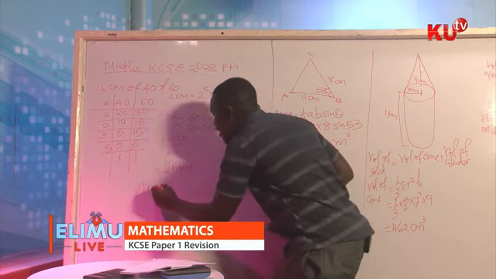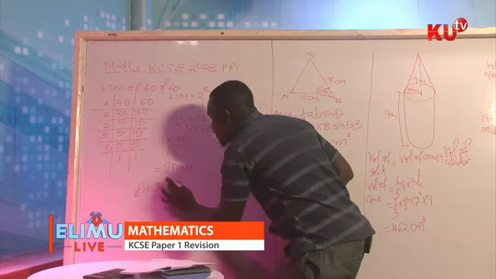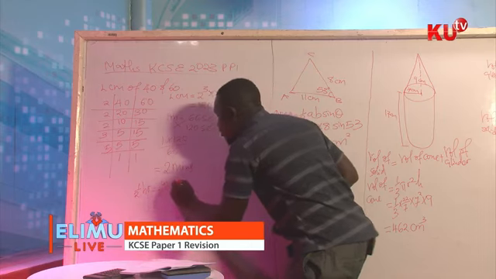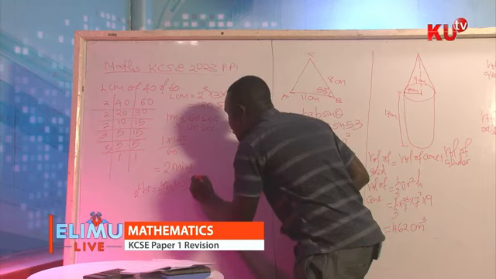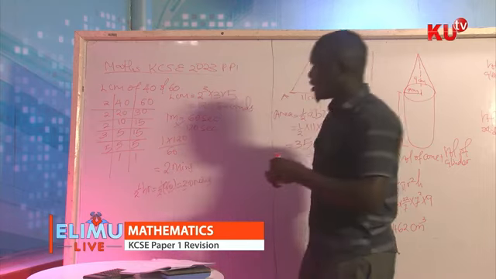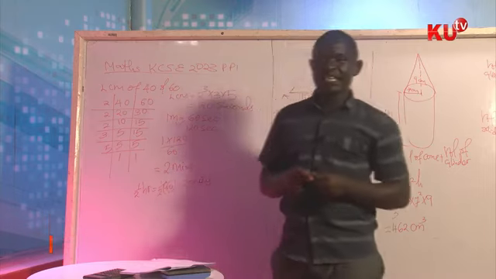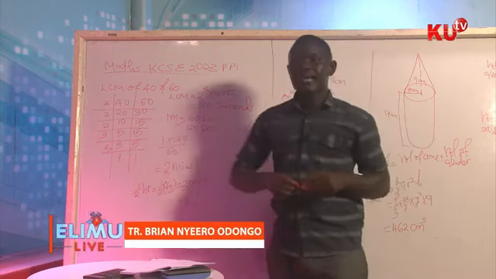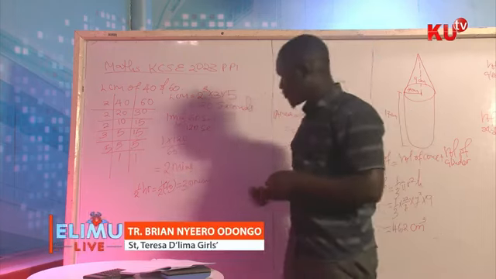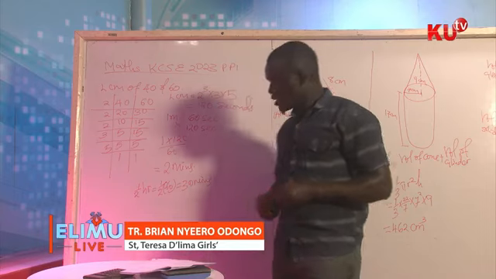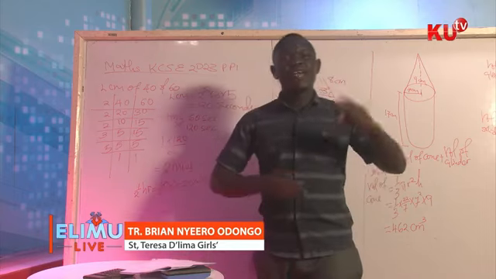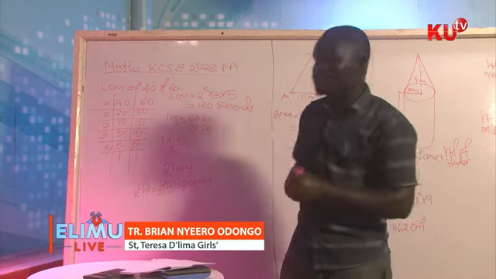This is like saying a half of 60 minutes, which equals 30 minutes. So what this question is simply asking us, dear students, is how many times will these bulbs light together in 30 minutes? But you now realize that for every 2 minutes they are lighting up together.